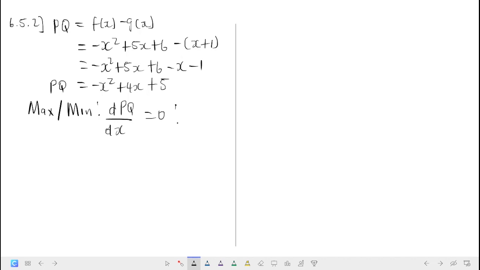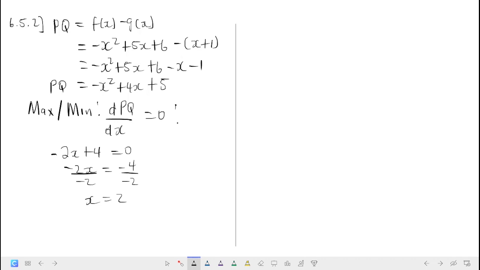So the derivative of PQ with respect to x is going to be minus 2x plus 4. Then you're going to equate that with 0. So as you can see here, this gives me the x coordinate that I'm looking for quicker, right? But now this is not the value that I want here.